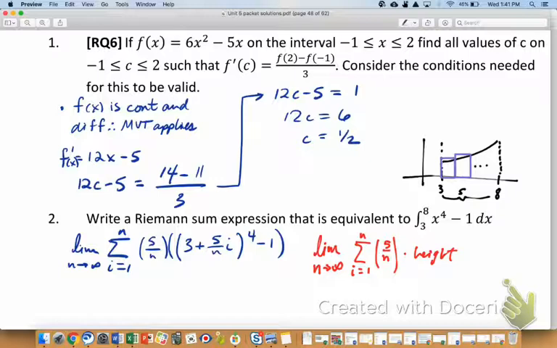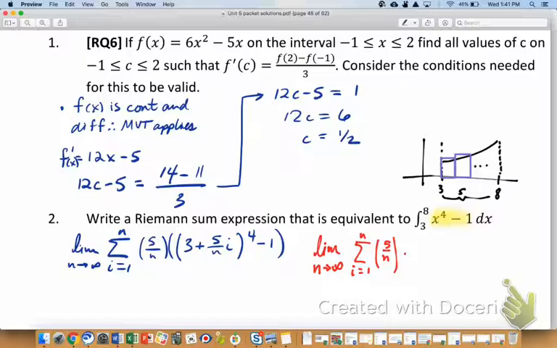Height is a little tougher. But let's remember that the height of each rectangle is based on the y value of the curve at the points that we care about. So y value of the curve. So if I wanted to, I could just write y there. That's not really wrong, but it's not really the full explanation. So instead of y, I'm going to recall that y equals something. Y would equal my integrand.